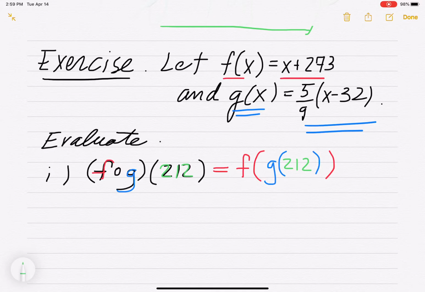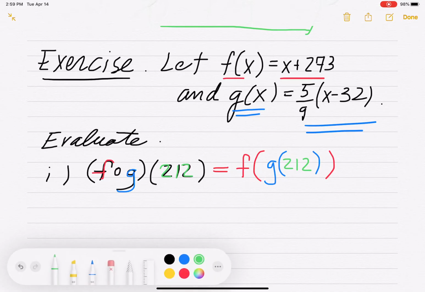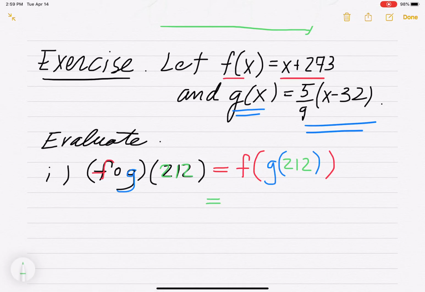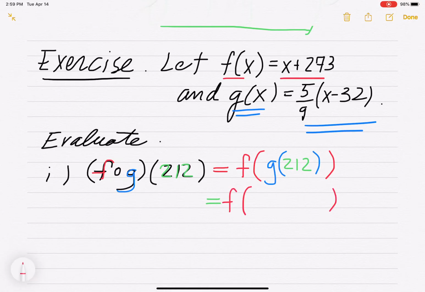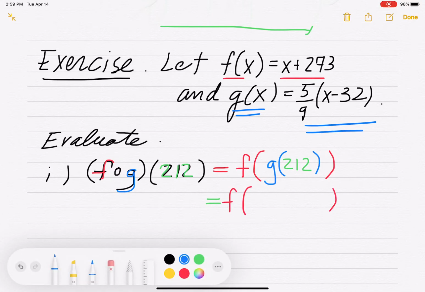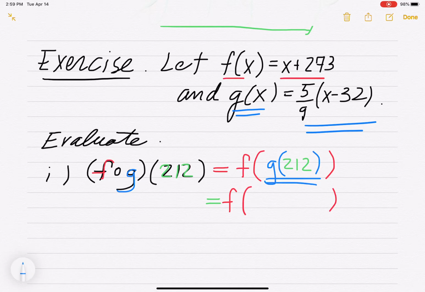Now the idea here is, I am going to totally leave f alone for now. I'm going to work on g of 212. What's g of 212? Well, I'm going to plug 212 into the g function. So I'm going to have 5/9 times blank minus 32.